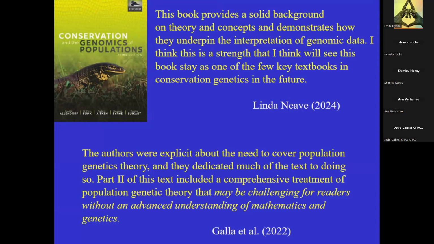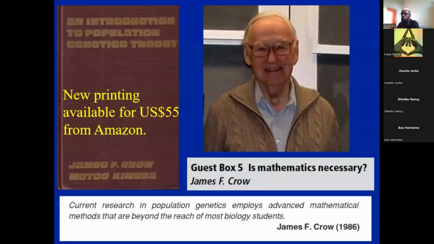The other review says that this application of theory and mathematics may be challenging for readers without an advanced understanding of mathematics and genetics. But I really think if you don't have that level of understanding, you shouldn't be doing population genetics, because it requires that to really understand what you're doing.